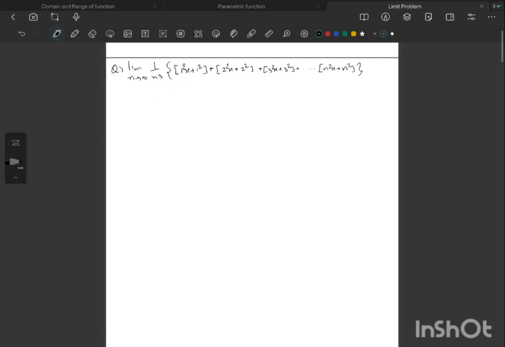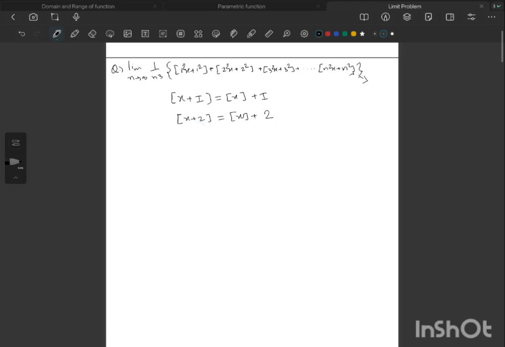In this case, this is a simple bracket, and this curly bracket represents the greatest integer function. We know that the greatest integer of x plus I, where I is an integer, is nothing but the greatest integer of x, plus I. That means whatever integer is in the greatest integer box comes outside the box as it is.